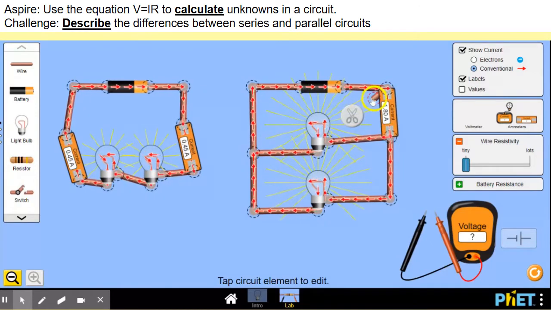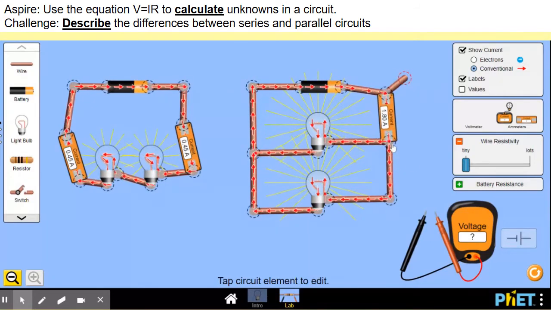There you go. So that it's not connected, it won't make any difference. Right, okay, so that's interesting. Even though I've got the same components in the series circuit on this side and the parallel circuit on this side, I've got a much bigger current flow in here. I've got 1.8 amps flowing through there.